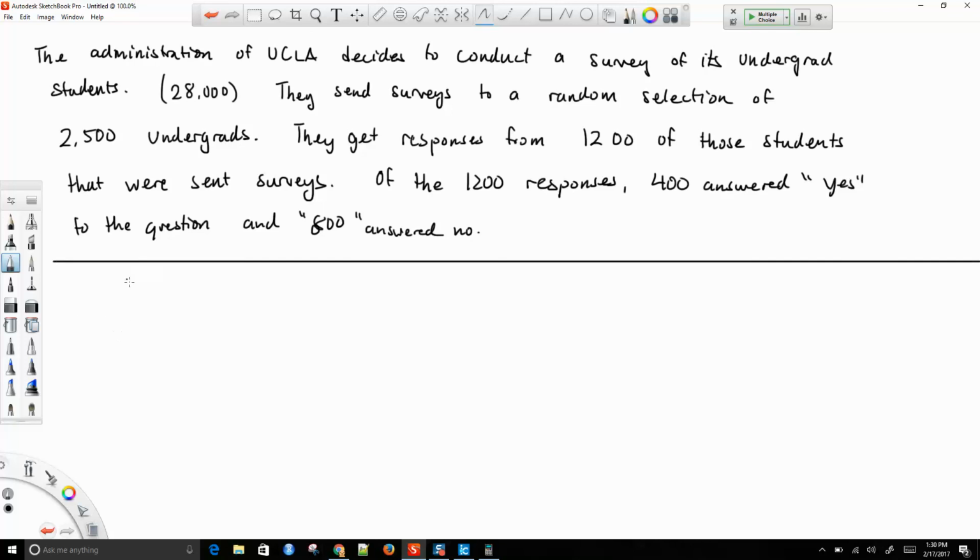Let's make a clicker question out of this. Okay, so we'll say, were any of the following conditions violated? If so, which one? Okay, so A will be the random and independent condition.